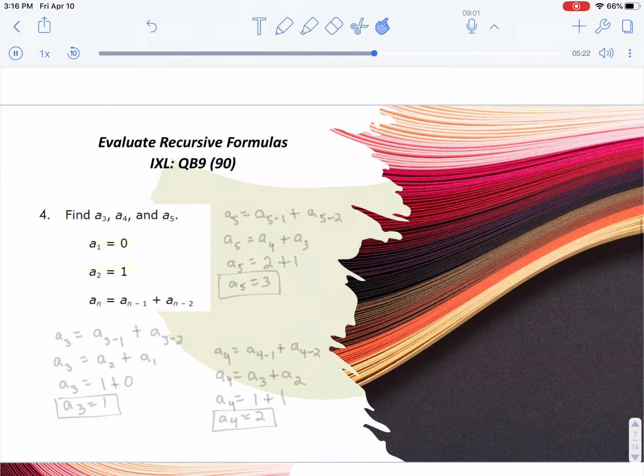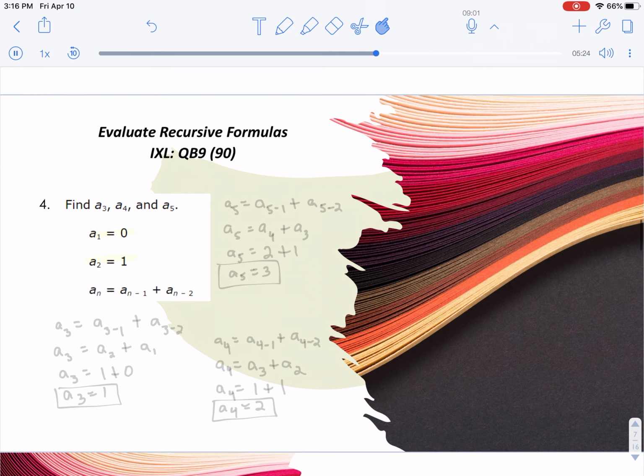We start with a sub 3. A sub 3 is a sub 3 minus 1 plus a sub 3 minus 2. So I'm plugging in 3 for all the n's. So I get a sub 3 is a sub 3 minus 1, which is a sub 2, plus a sub 3 minus 2, which is a sub 1.